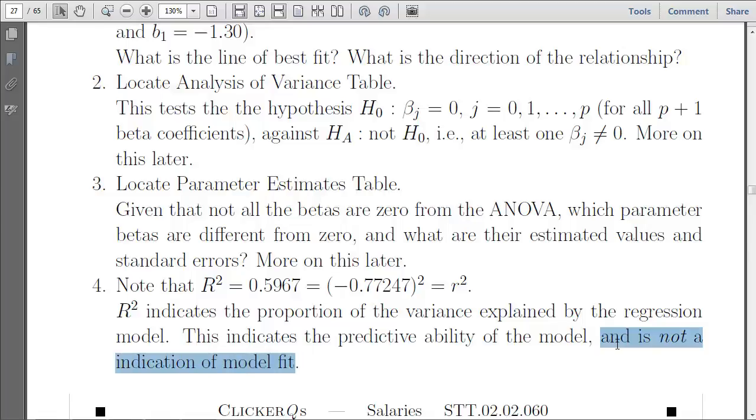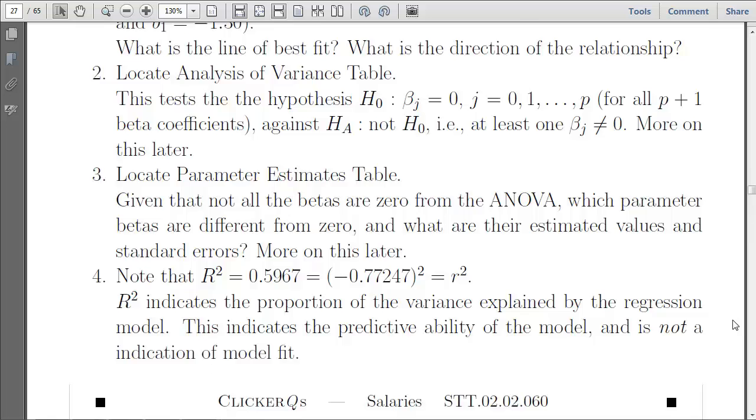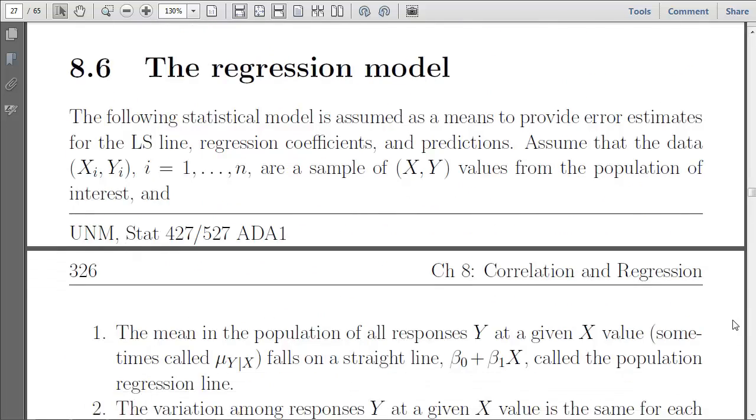We will, in the next video, discuss model fit and how you check the assumptions of a linear regression model to make sure your model fits the data. It is possible for your model to not fit the data, yet still make decent predictions. It is also possible for your model to fit the data beautifully, but for your predictions to be lousy. So these are independent ideas, and we will learn more about that in the next video.